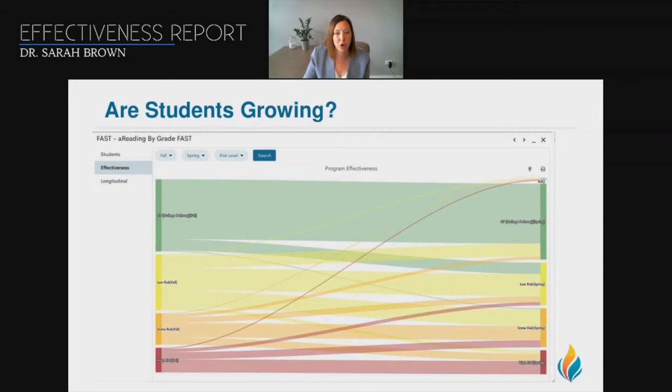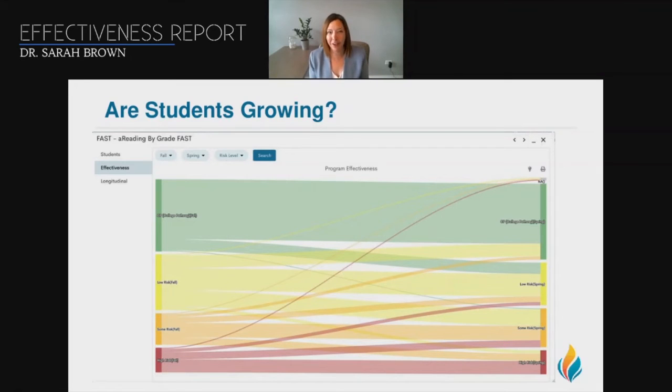And so this report can be used for lots of reasons, but if we think about high quality universal instruction, I've asked lots and lots of teachers around the country, what percentage of students who start the year on track do you expect to grow enough to end the year on track? And every single time I've asked the teachers that question, they've said 100%.